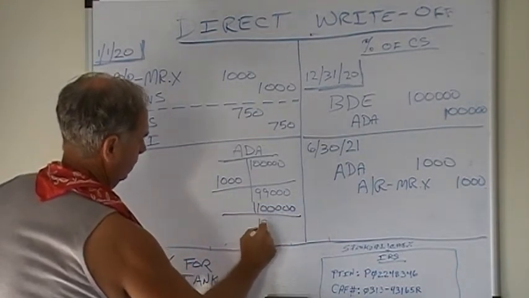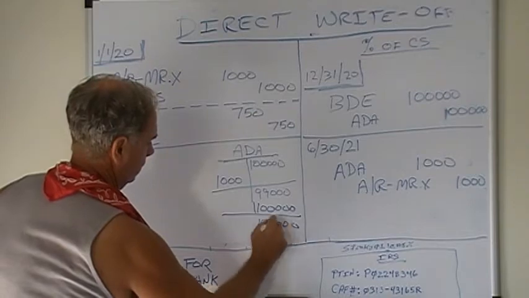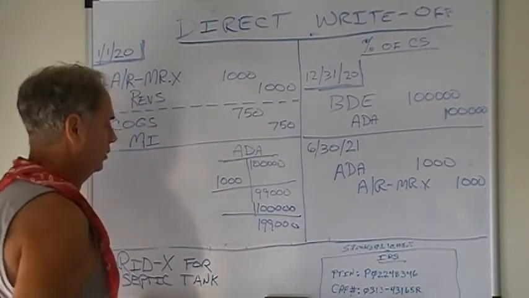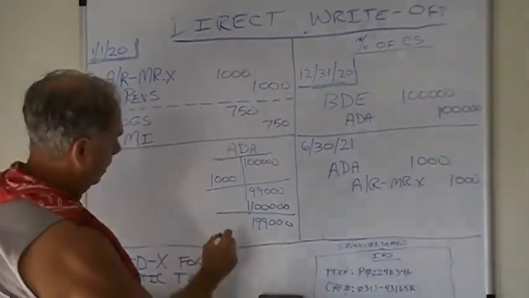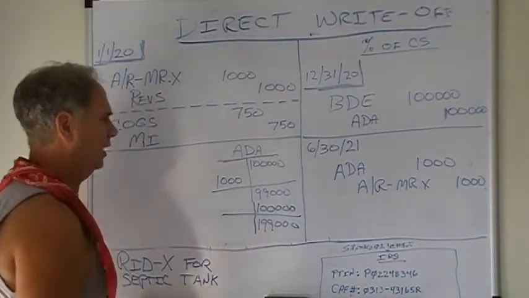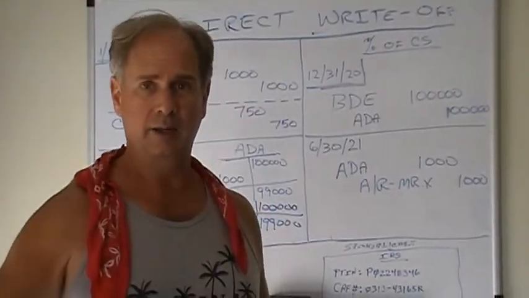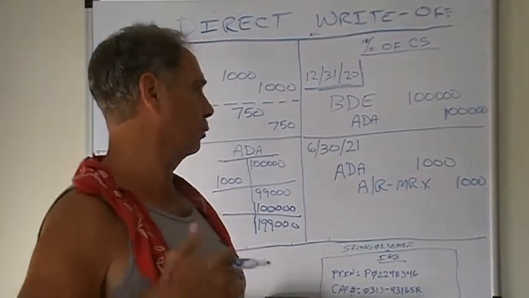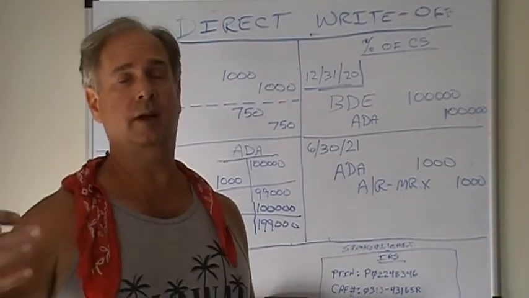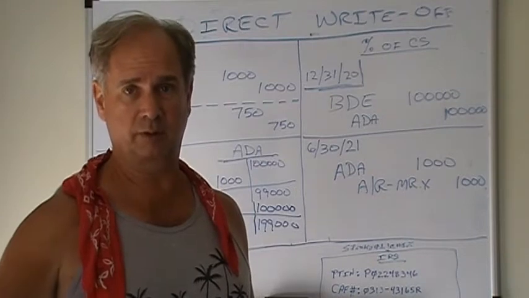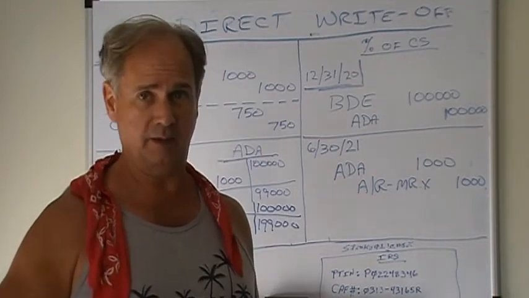So now I've got an ADA account with a balance of $199,000. And then let's say, the following June I determine Mr. Y is a deadbeat, and I credit Mr. Y's accounts receivable for $1,000, and I debit ADA for $1,000.